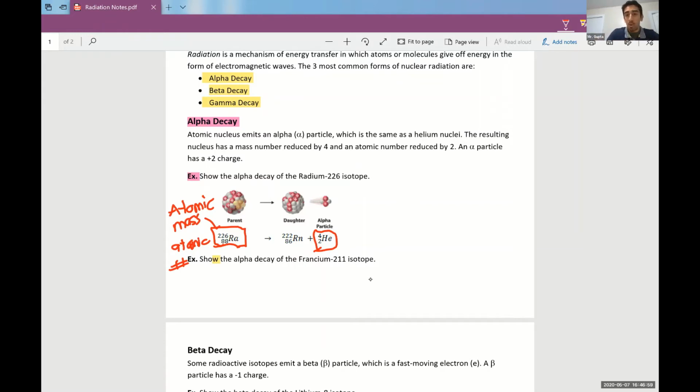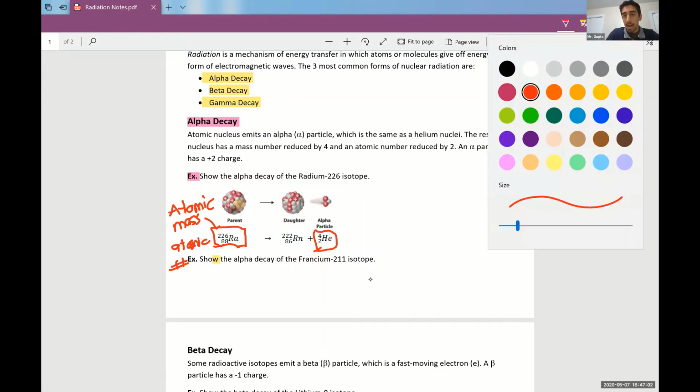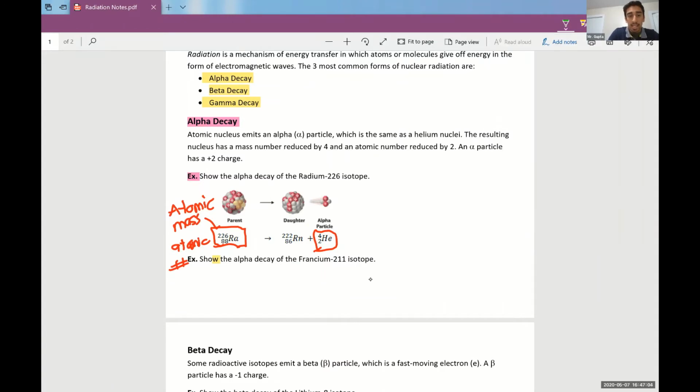So before the reaction, the atomic mass is 226. After the reaction, the atomic mass of both of the products should also be 226 if we combine them together. And what do we have? We have 222 and 4.